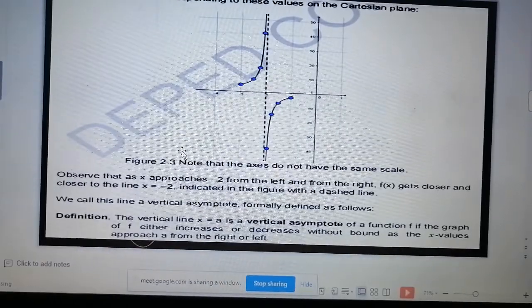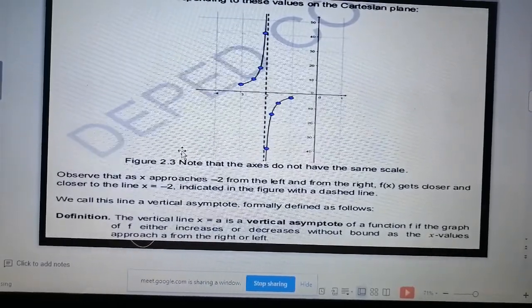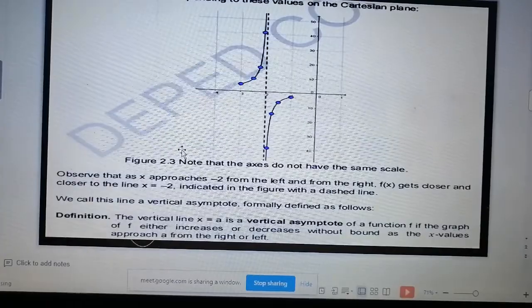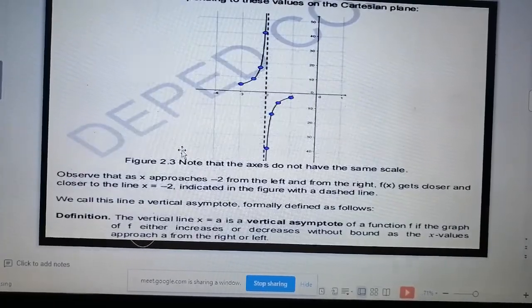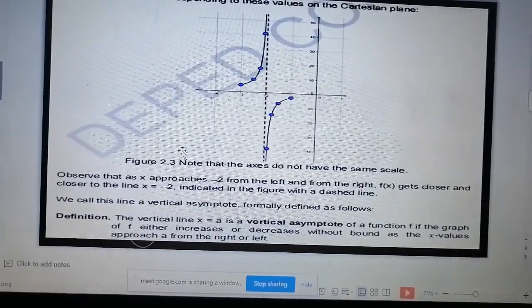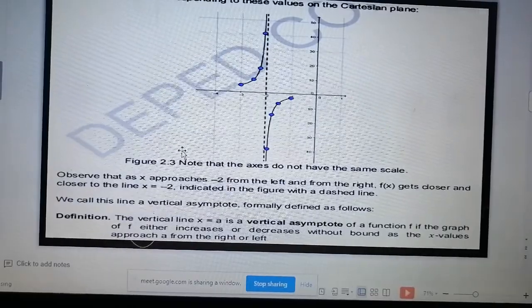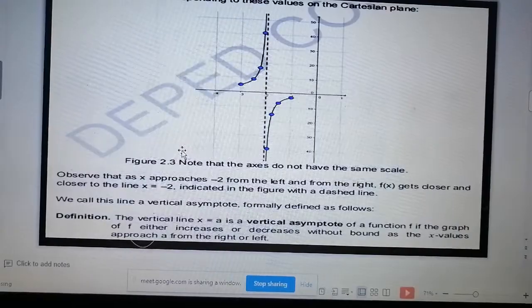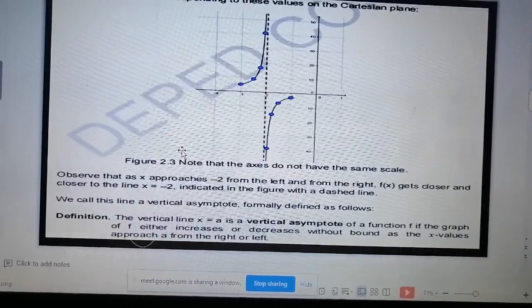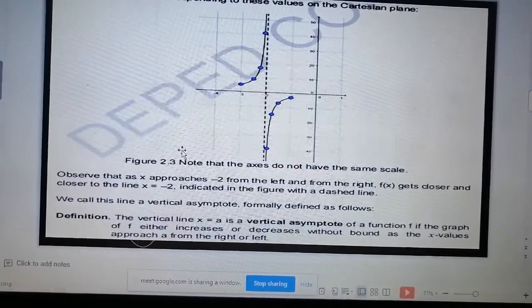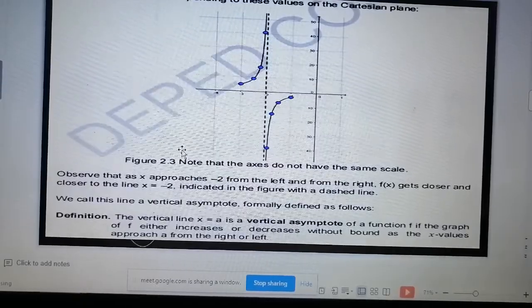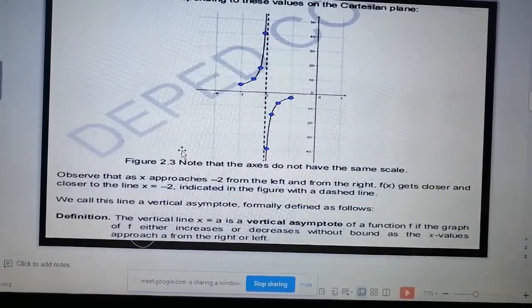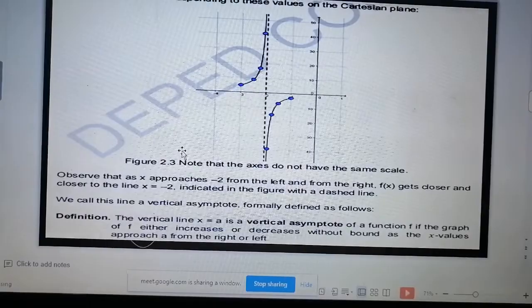Okay, we have note that axes do not have the same scale. Okay, we observe as the x approaches negative 2 from the left and from the right, function f(x) gets closer and closer to the line x is equal to negative 2, indicated in the figure with a dash line. Okay, we call this line a vertical asymptote.